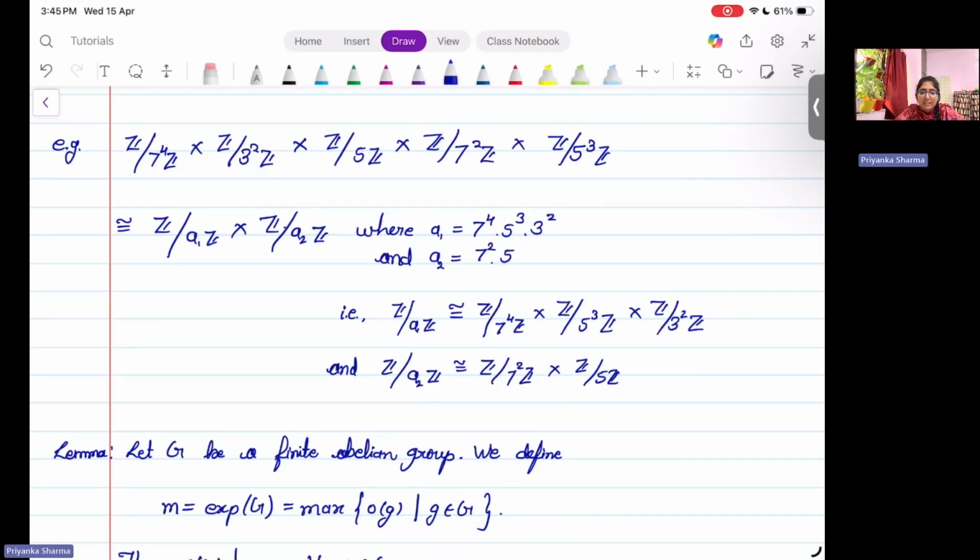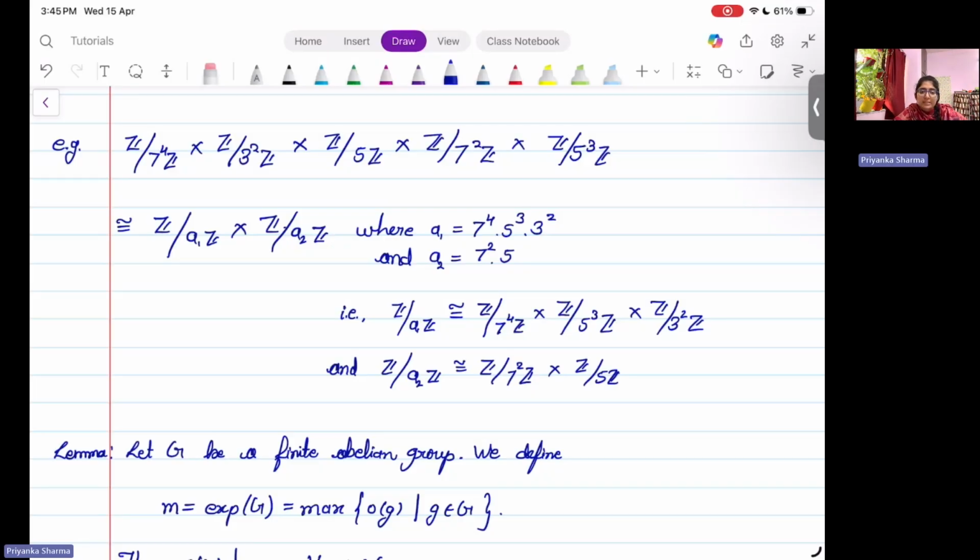So here we have an example to understand the structure theorem for finite abelian groups in more detail. Suppose we have this form: Z mod 7 to the power 4 Z cross Z mod 3 square Z cross Z mod 5 Z cross Z mod 7 square Z cross Z mod 5 cube Z. So this can be written in the form Z mod A1 Z cross Z mod A2 Z. Here A1 is 7 to the power 4, 5 cube, 3 square.